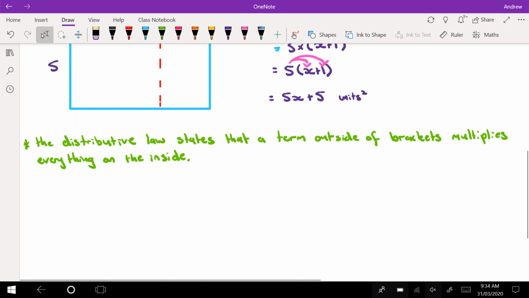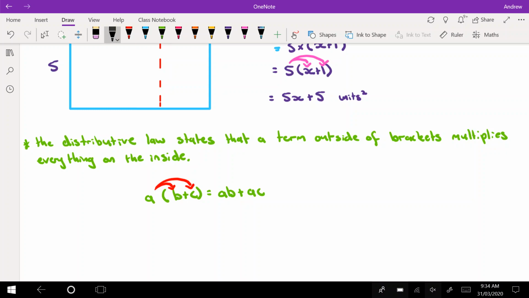So if we have A outside of B plus C, again, these represent real numbers, so they follow the same laws as real numbers. A multiplies by B, A multiplies by C. That is going to equal AB plus AC.